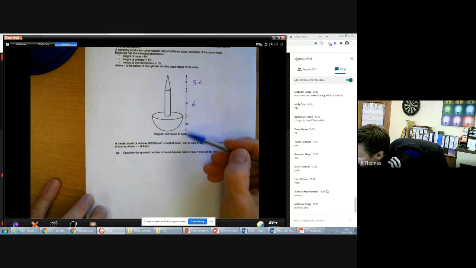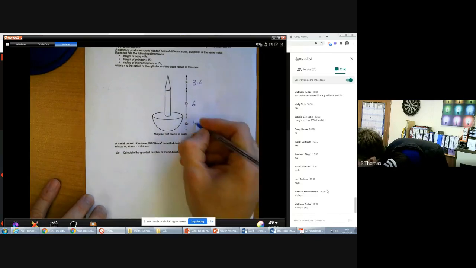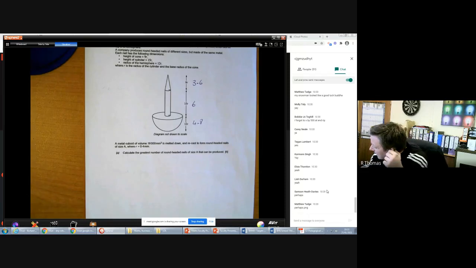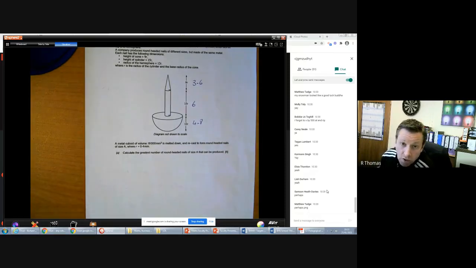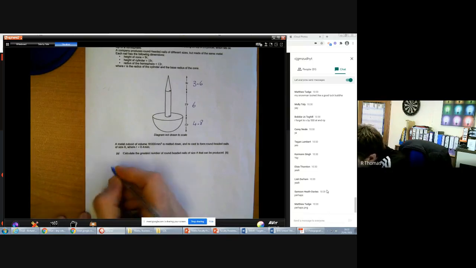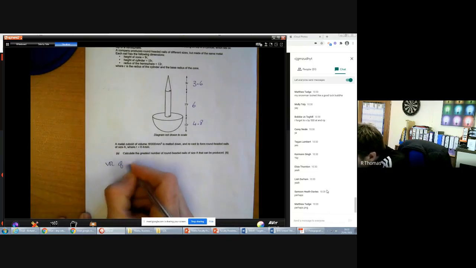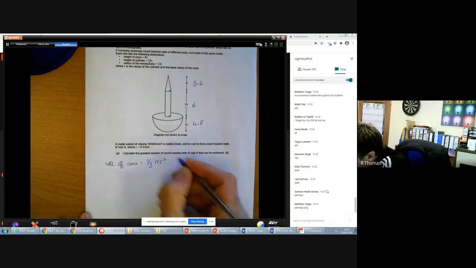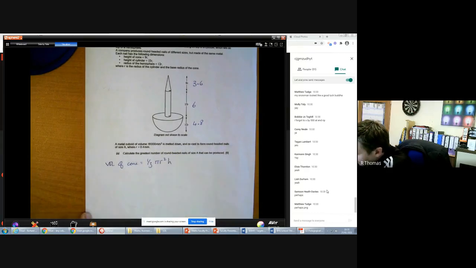So can we calculate the volume of one of those pins? Yes, because the volume of the cone is 1/3 pi r squared h. We know that r is 0.4 and we know the height of the cone is 3.6. So you can press some buttons there and get that answer.